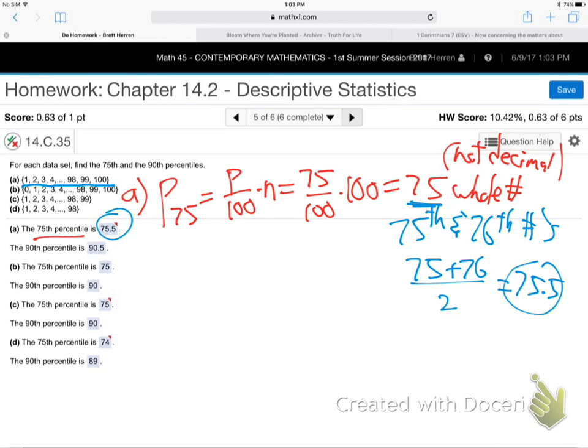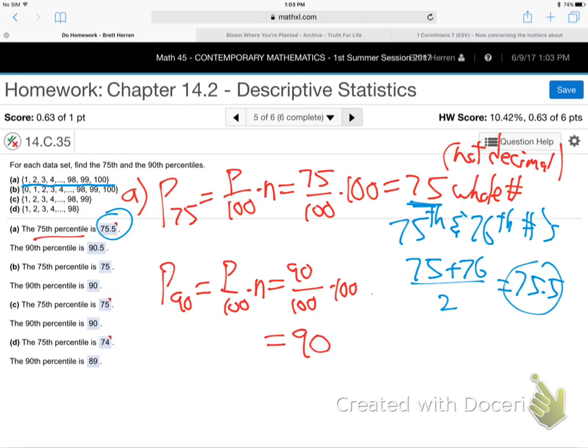Questions I can answer on that one? How about the rest of part A, the 90th percentile? P sub 90. So P over 100 times N. Good so far?